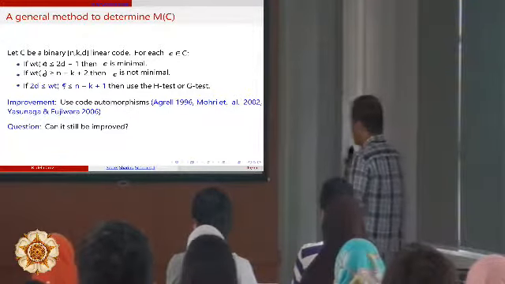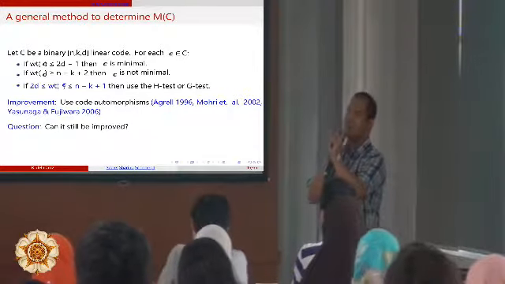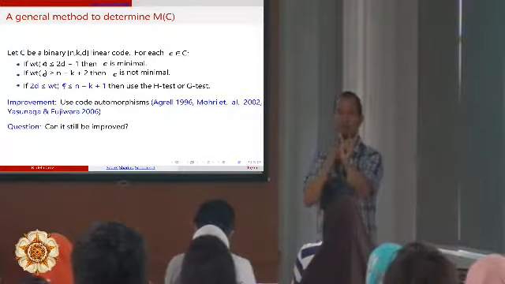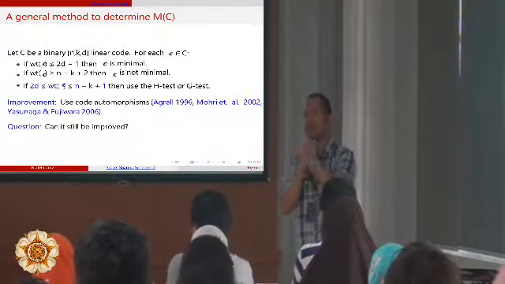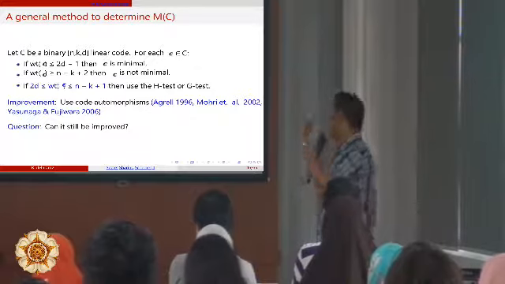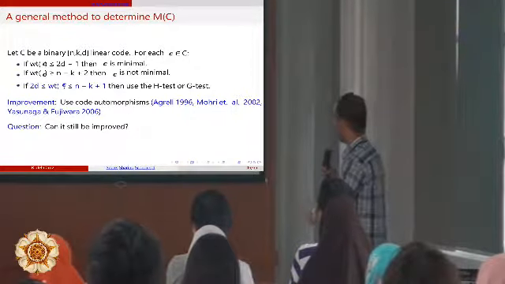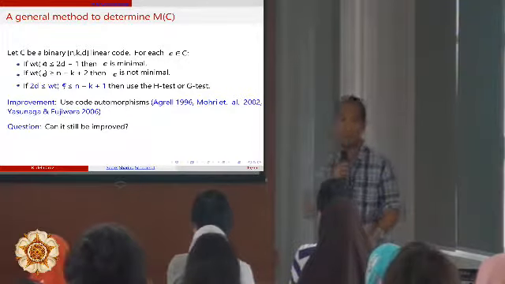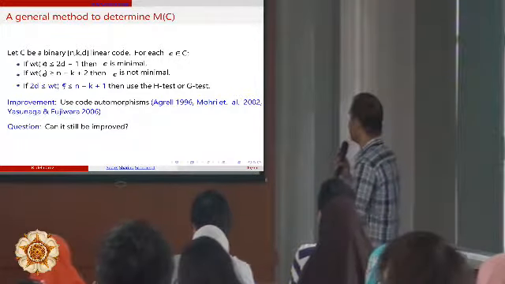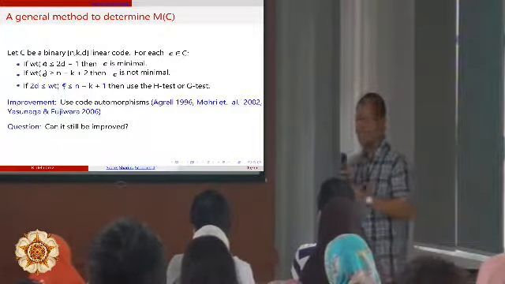For example, in a cyclic code, if you take a minimal code word, the cyclic shift is also minimal. So you just consider the equivalence classes, which somehow improves the complexity. But in general, it's difficult to determine the set of minimal code words.